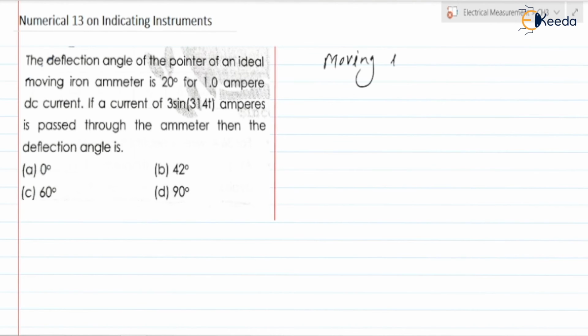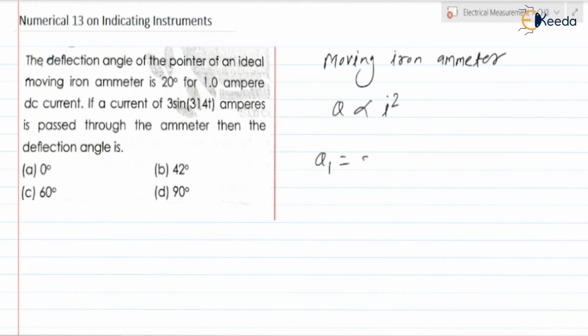In the moving iron ammeter, theta is proportional to the square of the current. And what is this current? This current is nothing but the RMS value.